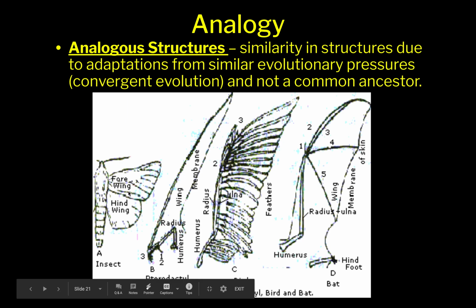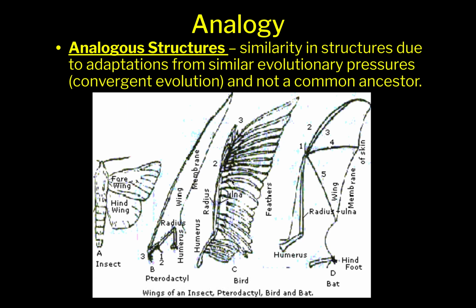They have no bones, but they can fly. Compare that to a bird's wings, which have kind of like the same bones that we have in our arm. They can fly, but just because they're doing the same thing, a while ago people thought, oh, they're the same, they're related. No, they are not. That's an analogous structure. They can both fly, function is the same, but their structure is different, and that means they would have completely different DNA.